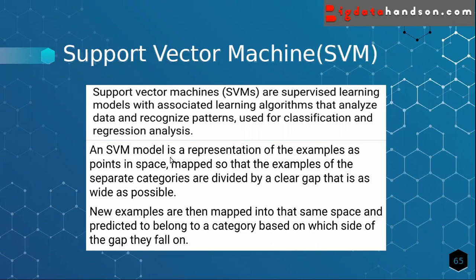An SVM model is a representation of the examples as points in space, mapped so that the examples of the separate categories are divided by a clear gap that is as wide as possible.